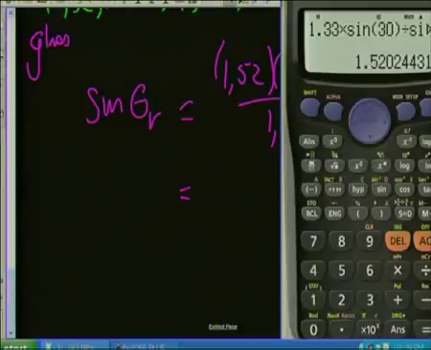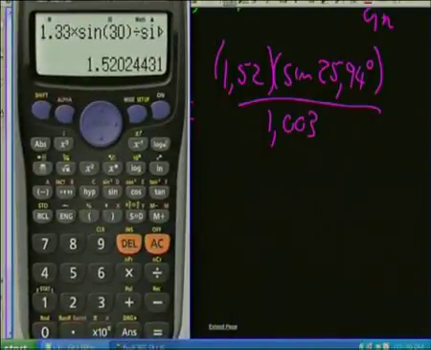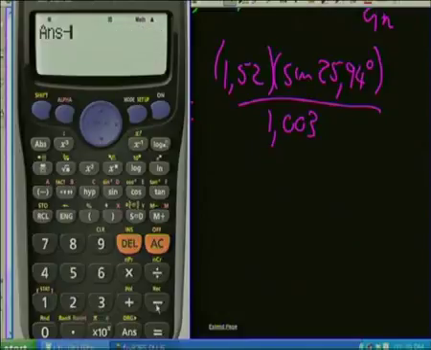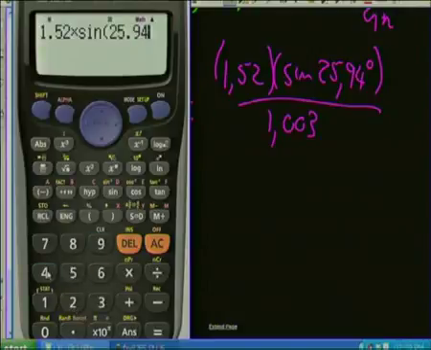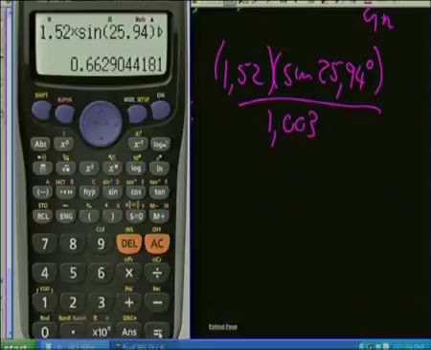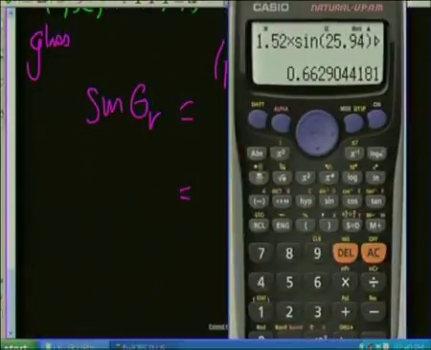Put it into the calculator, clear it and then put the values in. 1,52 times the sine of 25,94, and then I'm going to divide that whole thing by 1,003. That gives me an answer of 0,663. But remember, this is what sine theta is.